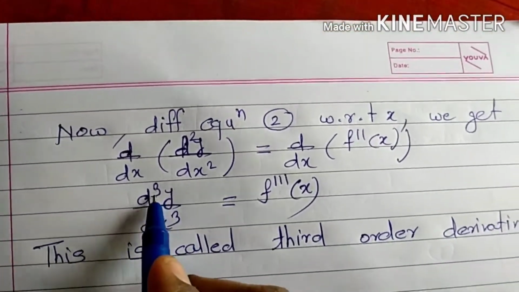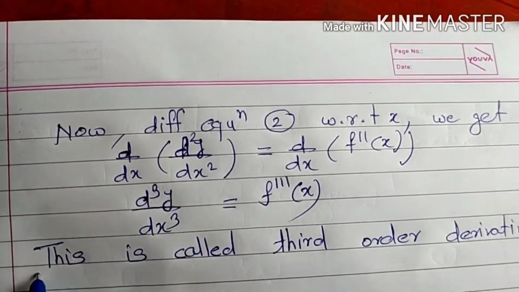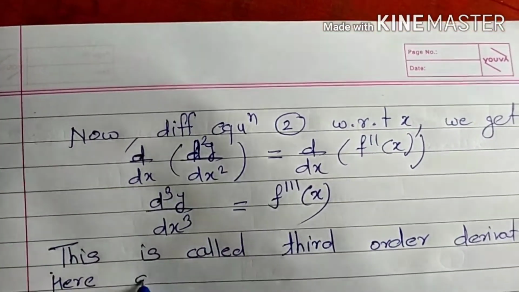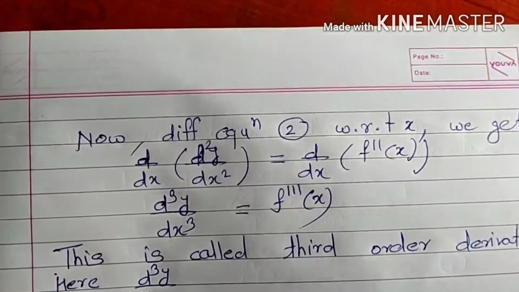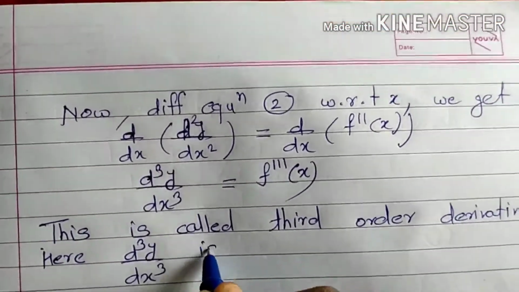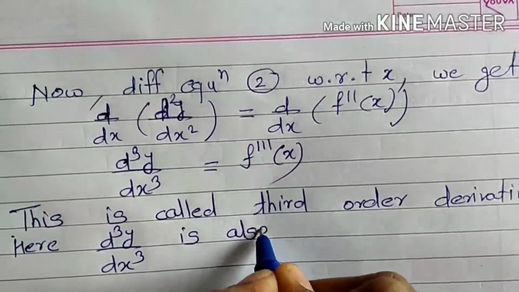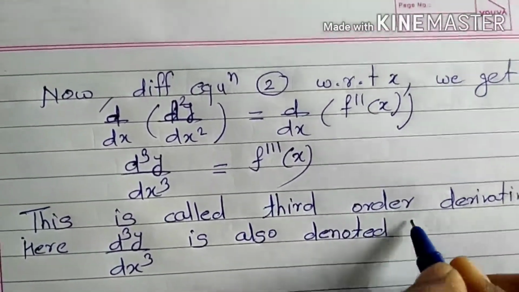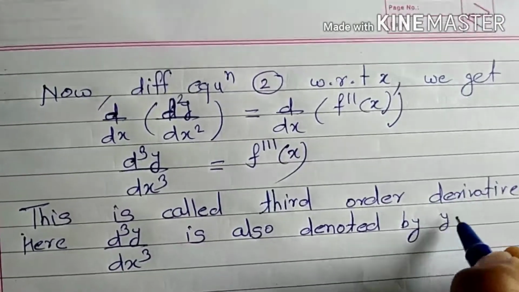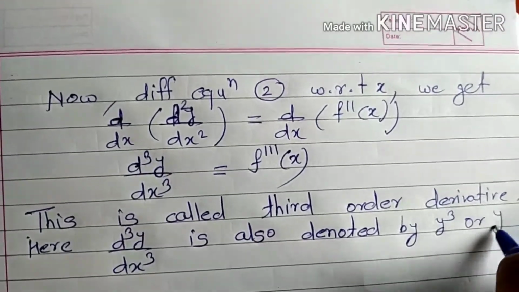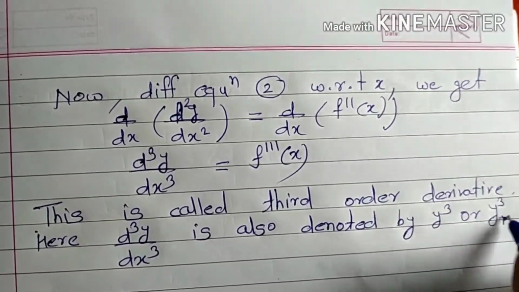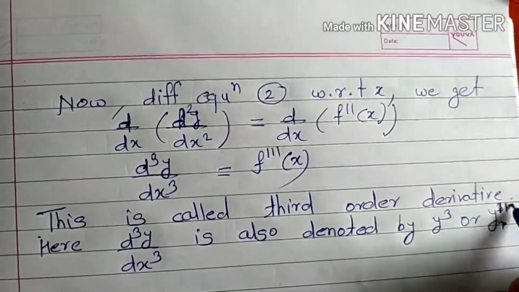Here d cube y upon dx cube is also denoted by y3, or you can write y triple dash.